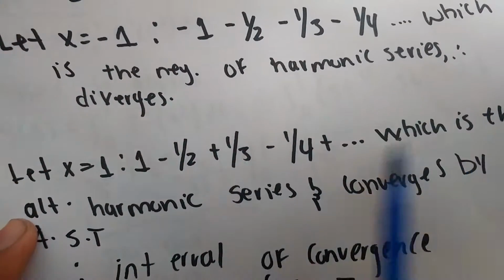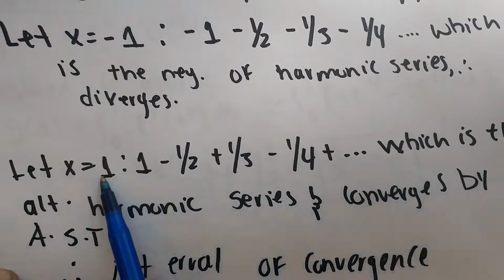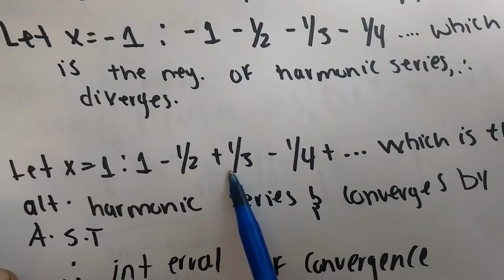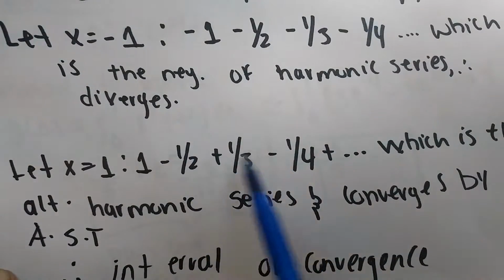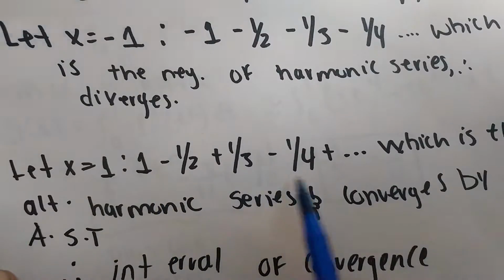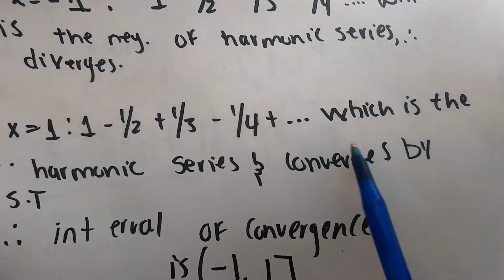And then for x equals 1, you do the same exact thing. You just plug 1 into the series, and you're going to get 1 minus 1/2 plus 1/3 minus 1/4, and so on and so forth. As you can see here, it's minus, plus, minus, plus, so it's alternating.